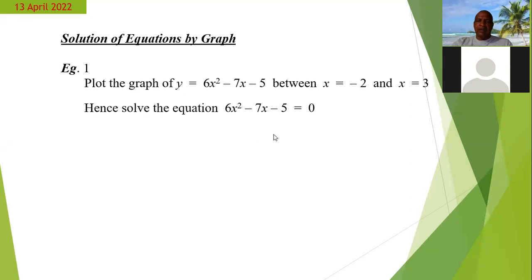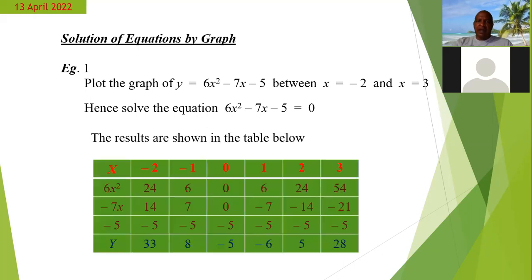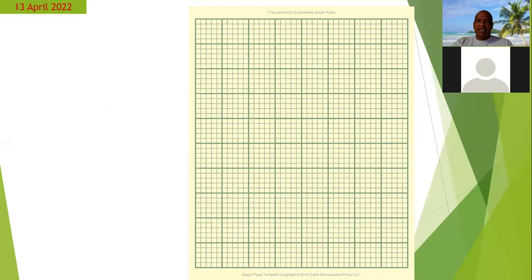And it's pretty much plotting the graph, just like we did the one before with the table. So you're going to construct a table from the equation, and then from that you can calculate your y values. Then you plot your graph, and the solution is pretty easy and straightforward.